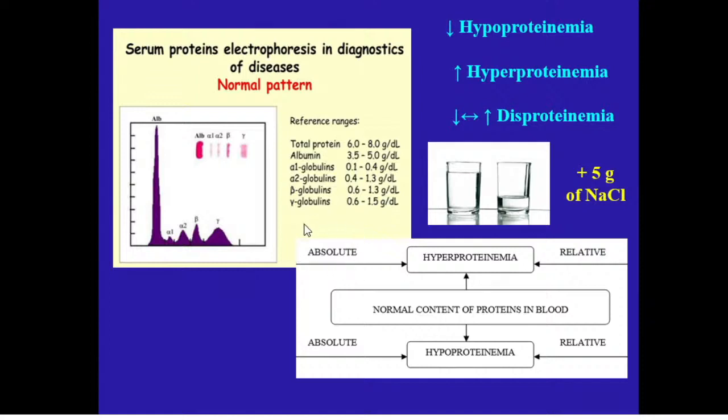So in this case, we will have absolute hyperproteinemia. Absolute hypoproteinemia can be observed if uptake of proteins, of amino acids from which these proteins are synthesized, is significantly decreased. Starvation or protein absence in the diet or loss of protein will cause it.